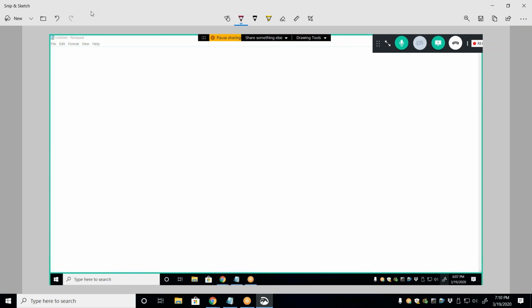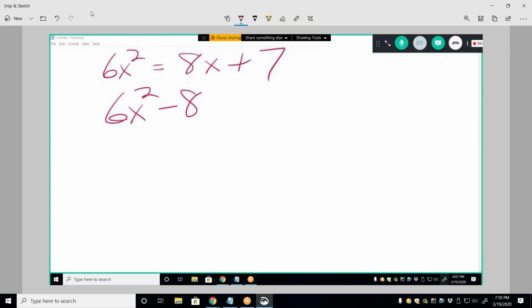So it's 6x squared equals 8x plus 7. Okay, the first thing we have to do is get it into standard format. You cannot tell what A, B, and C are until it's in standard format. Okay. So, now what's A, B, and C?